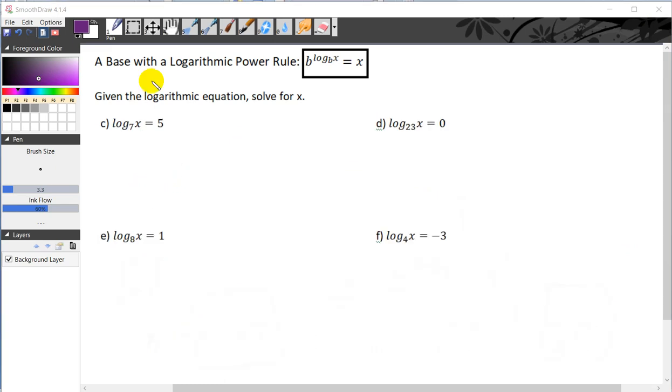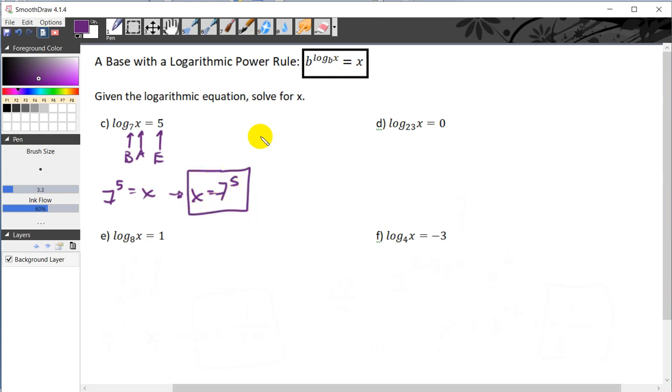All right, more examples. So this one, this is our base, this is our answer, this is our exponent. 7 raised to the 5th power: base, exponent, answer. So this says x equals 7 raised to the 5th. Or you can do the method that I like to do.